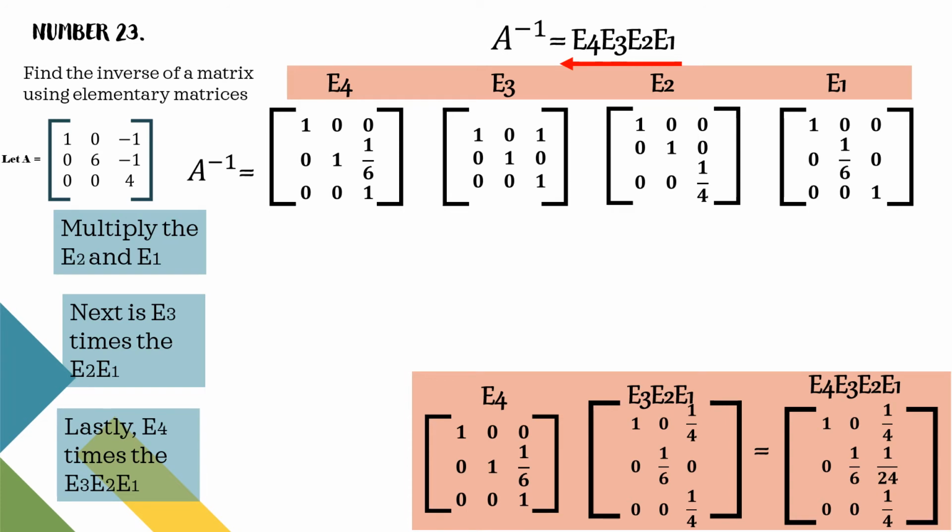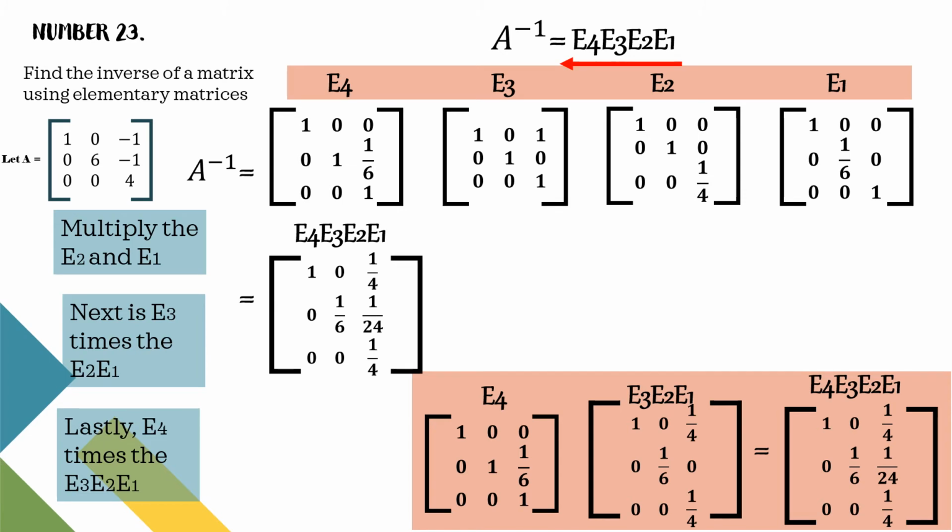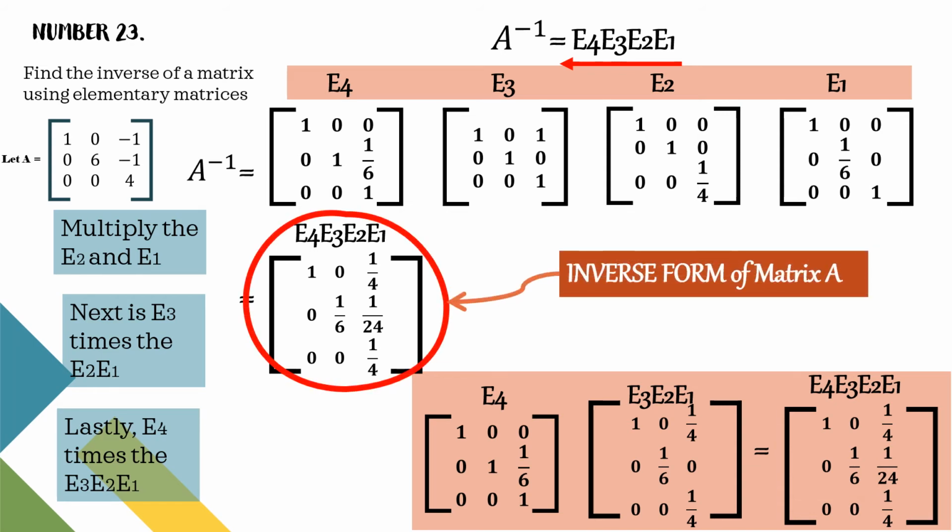And this is the last step. Our answer for the inverse of a matrix using the elementary matrices is this 3 by 3 matrix, the product of E sub 4, E sub 3, E sub 2, and E sub 1. This is the inverse of matrix A.